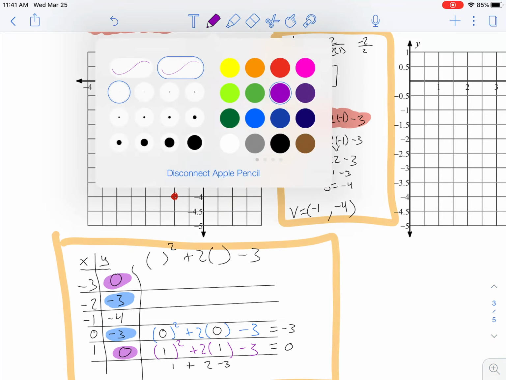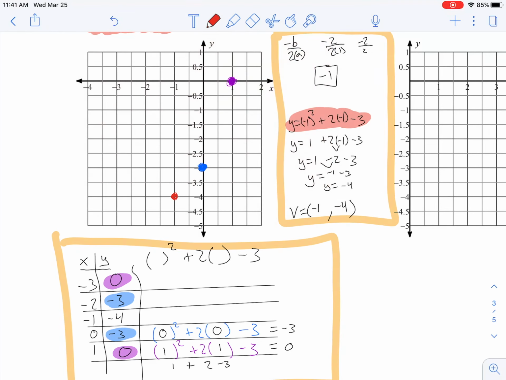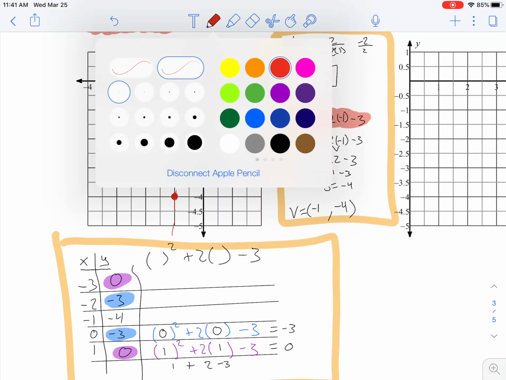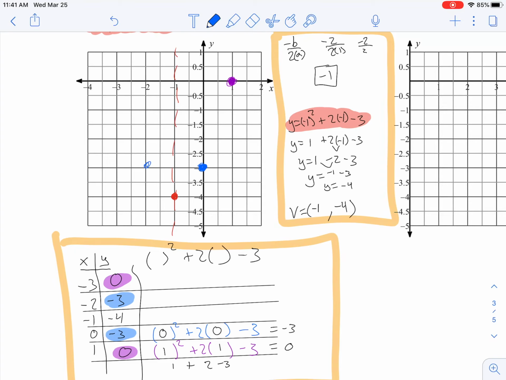And remember, our axis of symmetry cuts through our vertex. So I can reflect, I can count 1, 2. If I go 1, 2, I end up with a blue point there. And if you notice, these coordinates, -2, comma, -3, are the same coordinates we have here.